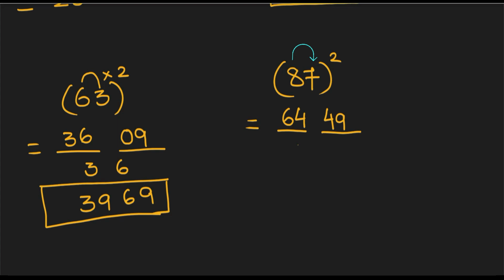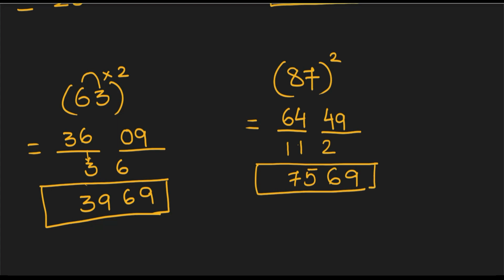Usually in our previous examples we normally got a 2-digit number, hence we started putting this number from here. If it is a 3-digit number, then we have to put the number from here. Now simply we need to add it. This is 9, 4 plus 2 is 6, 4 plus 1 is 5, and 6 plus 1 is 7. Hence the square of 87 is equal to 7569. Now I hope you can find the square of any 2-digit number by applying this trick.